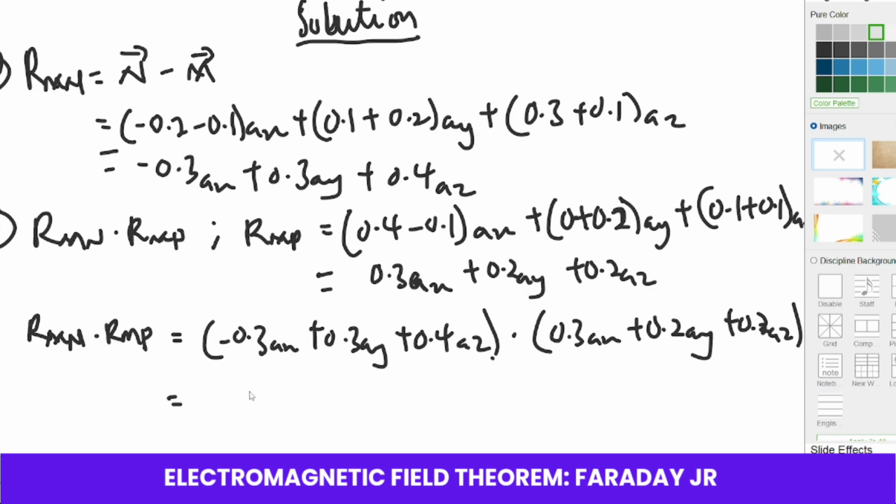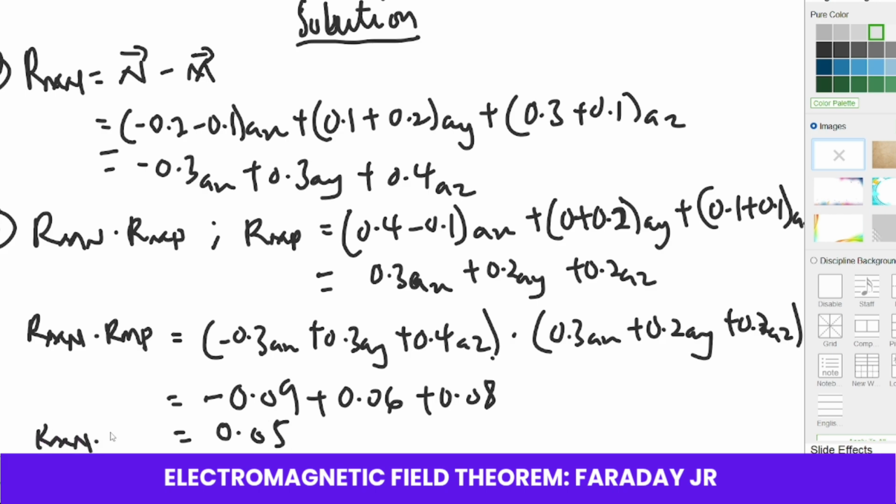So when we do our dot product, you will get -0.09 plus 0.06 plus 0.08, and our final value is going to be 0.05. Hence the dot product is equal to 0.05.